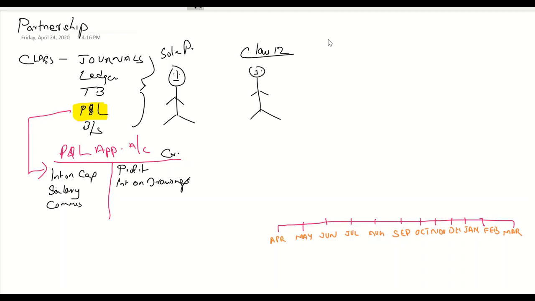So let's take for example interest on capital. If the capital put in by one of the partners is 1 lakh and the interest on capital is 10%, you have to remember that it has to be mentioned in the partnership deed.